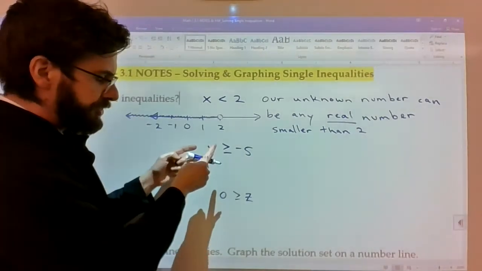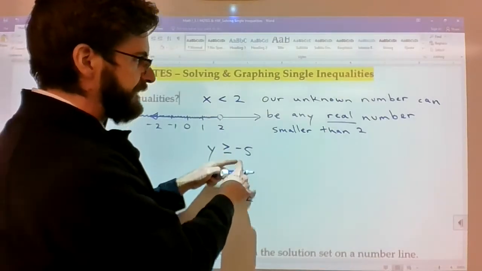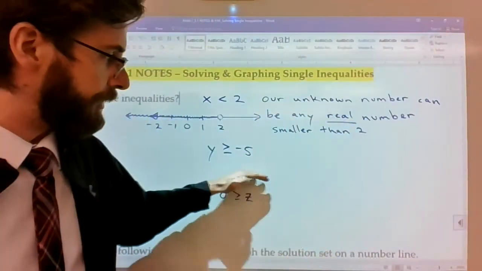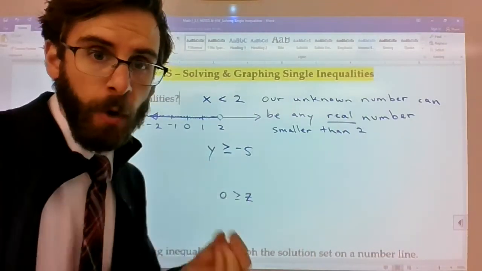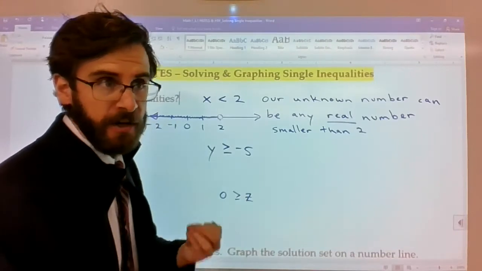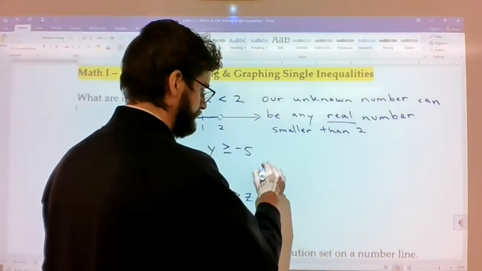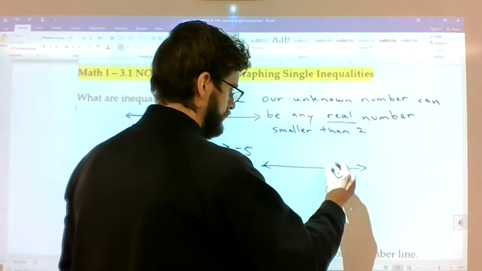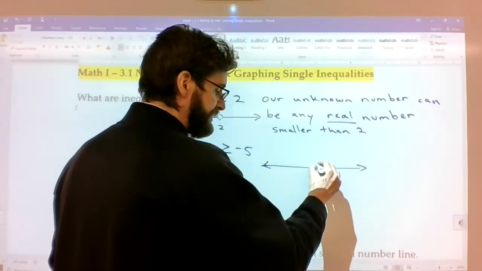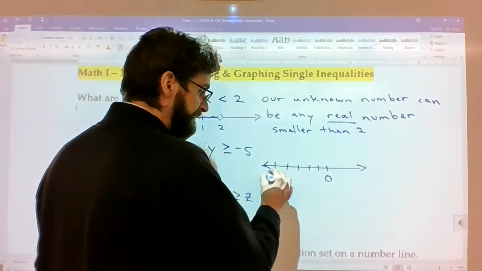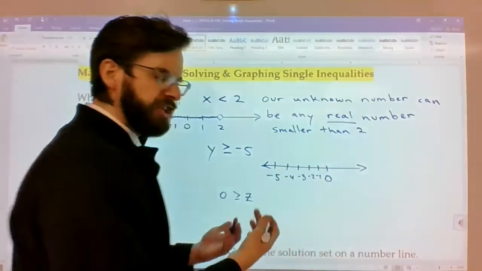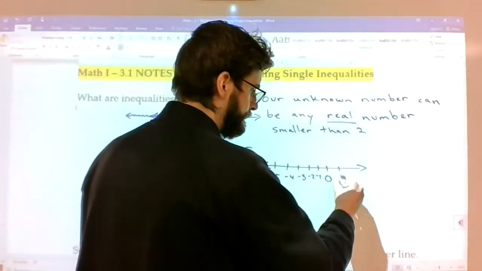If you've got a solution of y is greater than or equal to negative 5, our unknown number can be any real number bigger than negative 5 or equal to negative 5. And here is what its graph looks like. So again, start with 0. You're going to put at least 1, 2, 3, 4, 5 negative values. And be sure to put a couple positive.